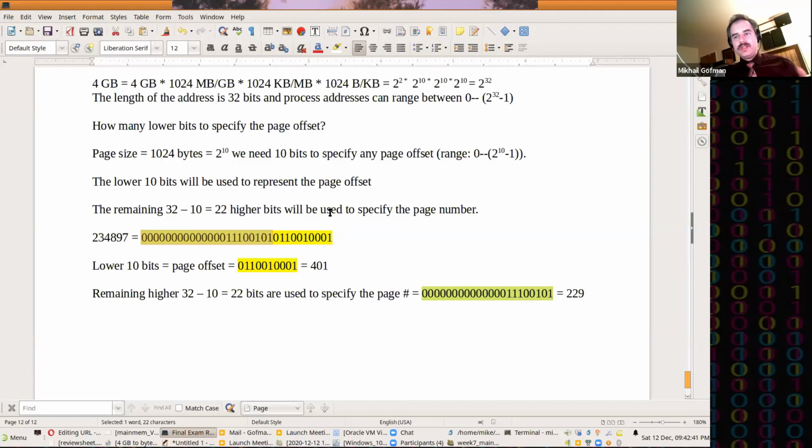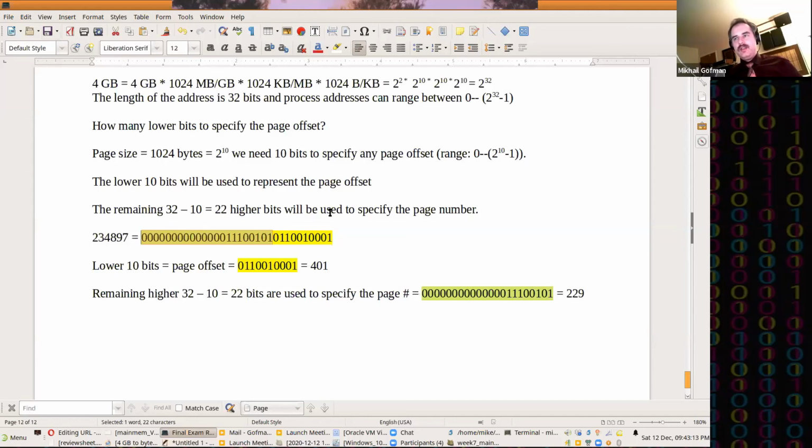If I want to translate an address to page number and page offset, the first thing I want to know is the maximum length of the address in bits, and I can easily figure that out by knowing how big the memory is. If I know the size of the virtual memory, I know the range of addresses, and if I know the range of addresses, I can easily find out how many bits I need to represent an address. And this gives me my address length.